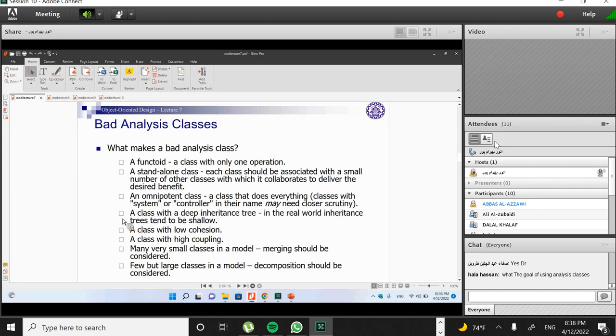I think these lectures, these PowerPoints, are very good, because there is no need to read more material about these concepts. It's very simple to read these slides.